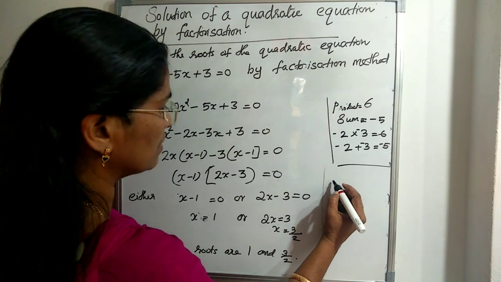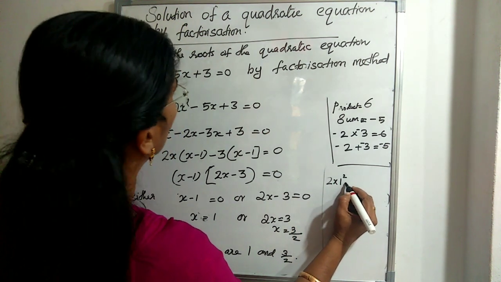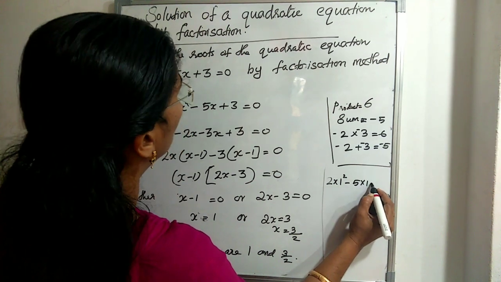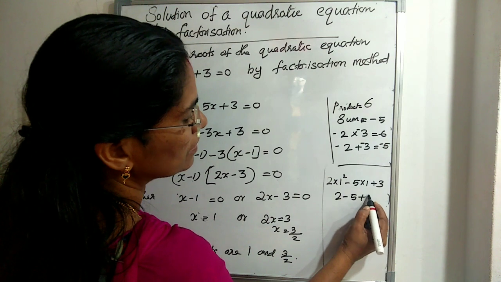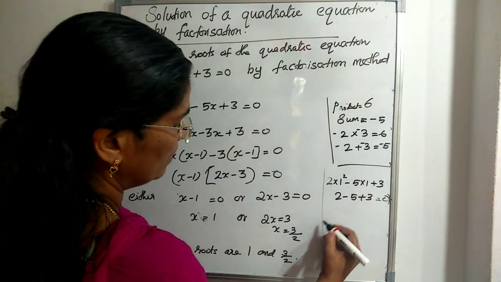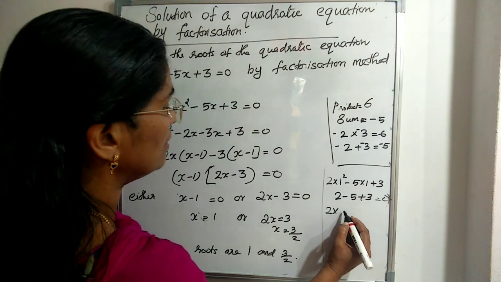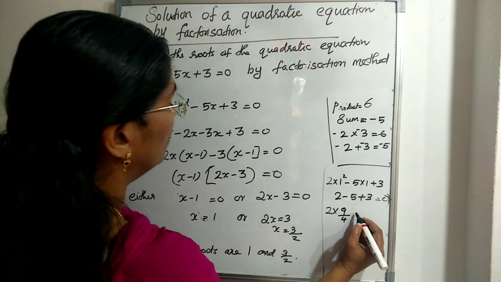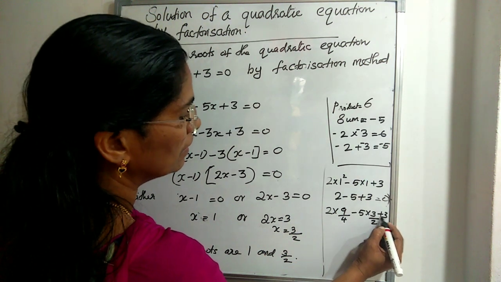2x square, x first we have taken 1: 2 into 1 square minus 5 into 1 plus 3. Look here, 2 minus 5 plus 3, answer is 0. It is satisfying. And the second value is 3 by 2: 2 into 3 by 2 square is 9 by 4, minus 5 into 3 by 2, plus 3.